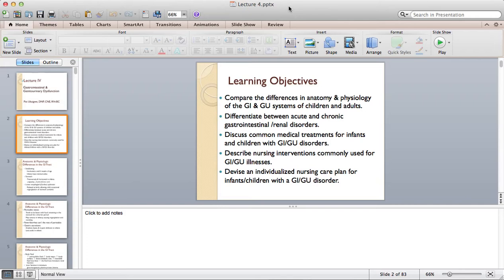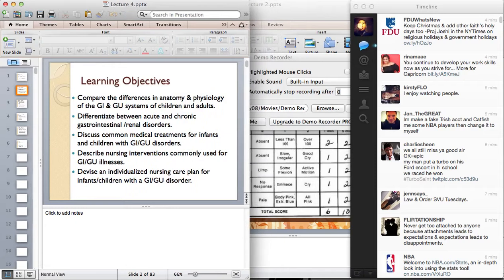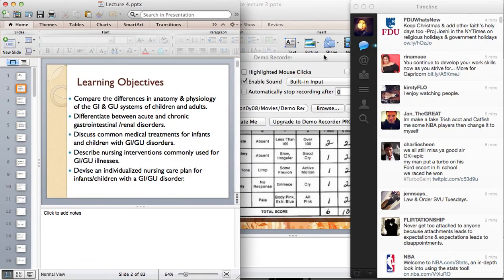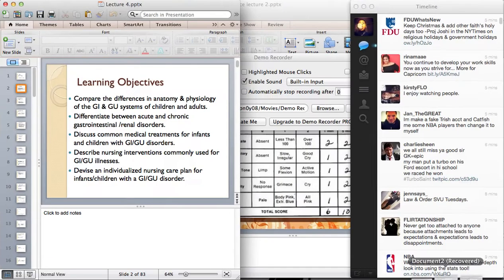And then we'll point out some of the common conditions that we see in children in the GI and GU. And once we identify those conditions, we'll put the medical treatment and the nursing intervention so that we'll be able to plan a care, so that when we get those patients in the unit, we'll be able to care for them.